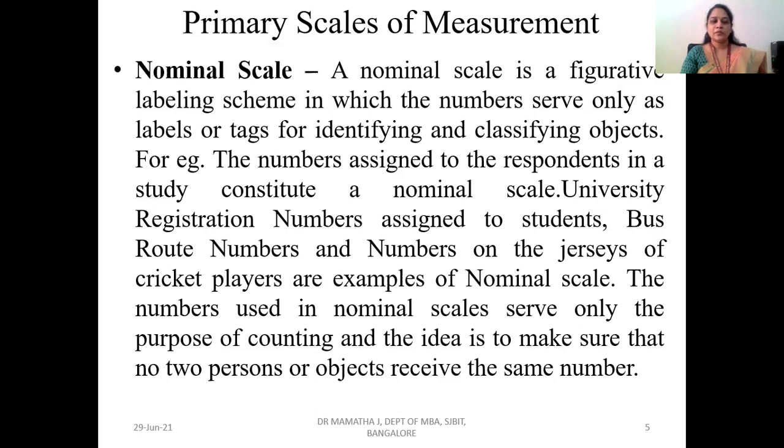Also the bus route numbers. It doesn't mean one is high or two is low. Only to classify the items based on certain characteristics. So this is about the nominal scale.